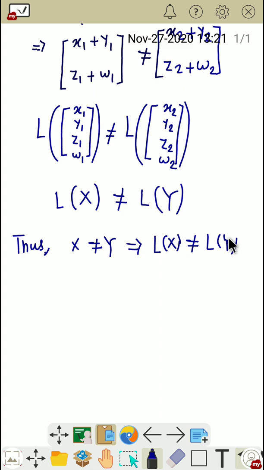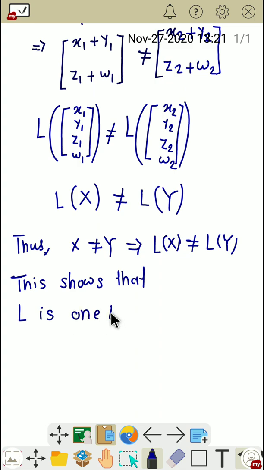So this shows that L is a one-to-one linear transformation.